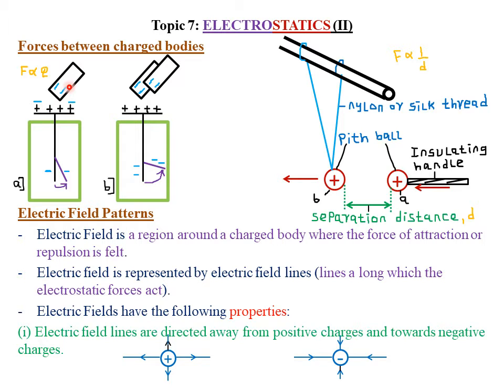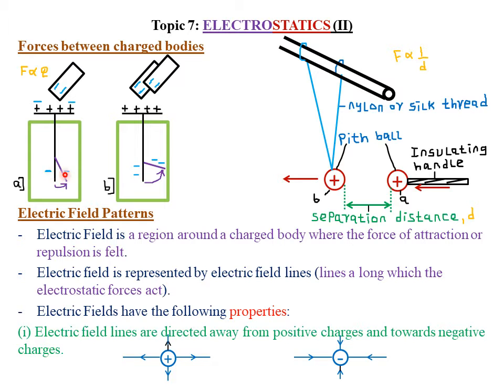However, when you bring a polythene rod close to but not in contact with the brass cap, because it has 2 negative charges or 2 electrons, they will repel the 2 electrons on this brass cap. So the 2 electrons which were in the same position as these 2 positive charges will be repelled downwards. One of the electrons goes to the metal rod, the other one goes to the leaf.